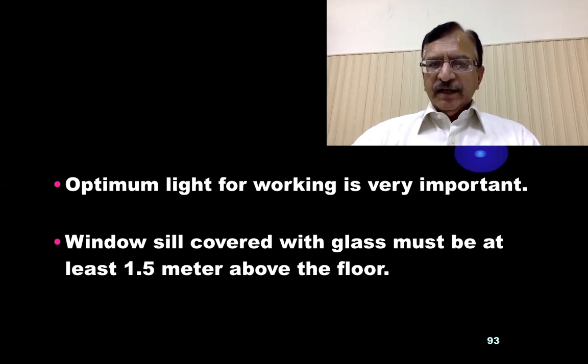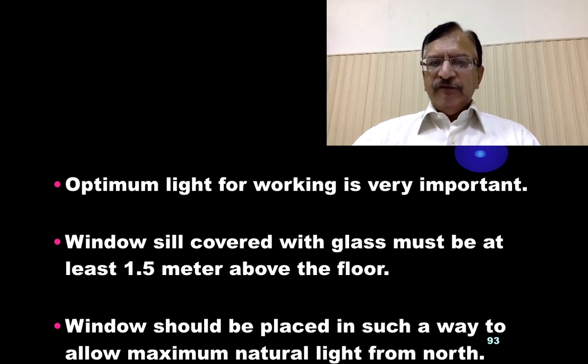Window sill covered with glass must be at least 1.5 meter above the floor, and windows should be placed in such a way to allow maximum natural light from the north, because always diffuse natural light comes from the north side. So the windows usually should be placed towards the north.